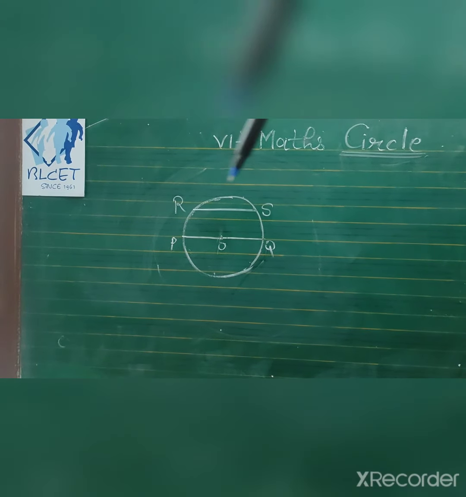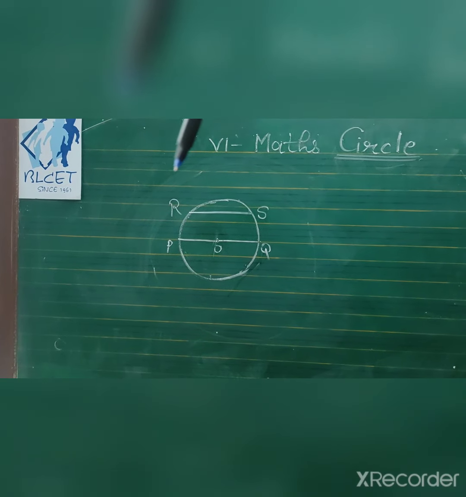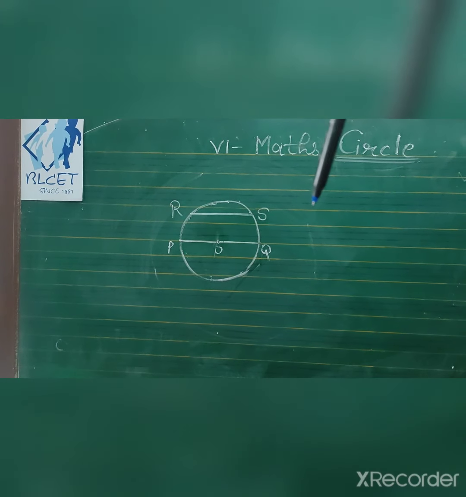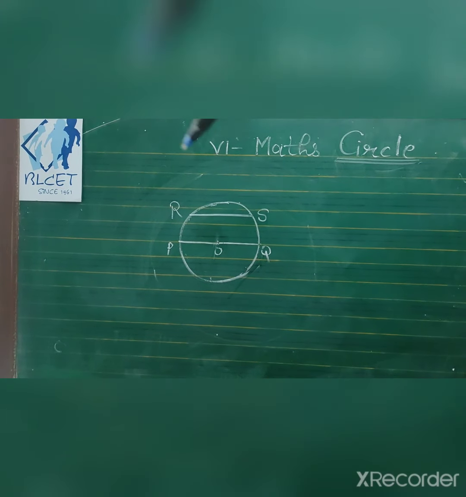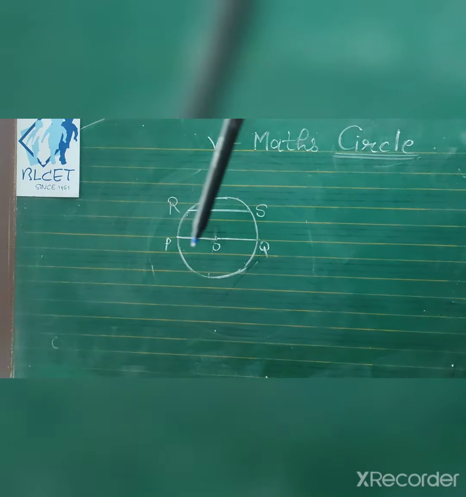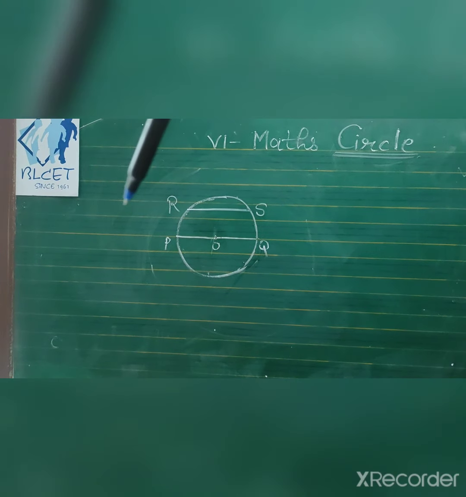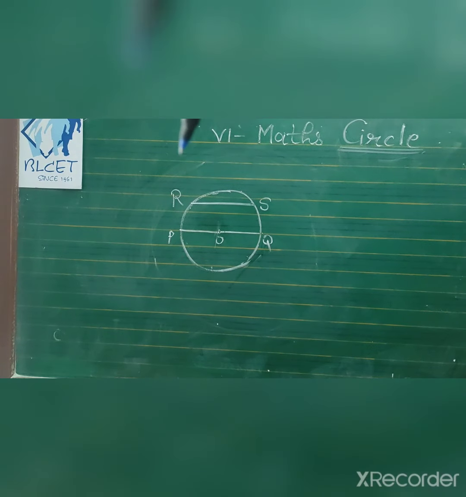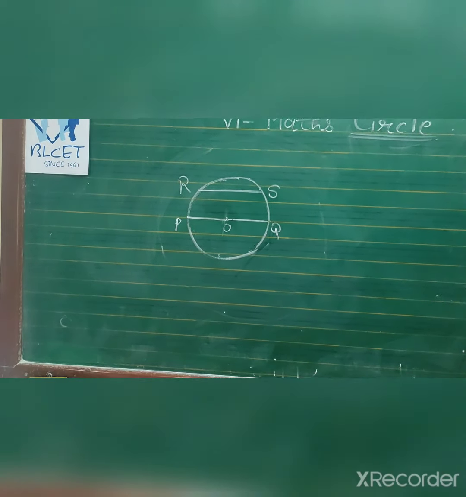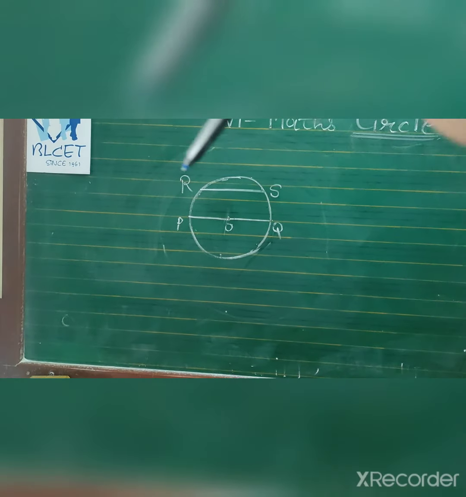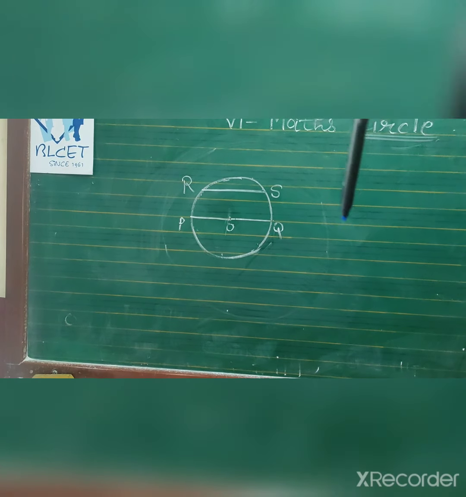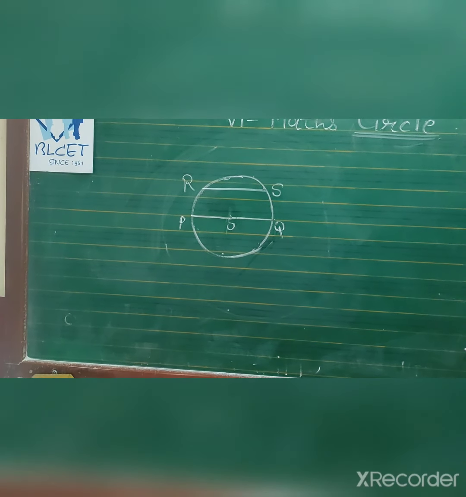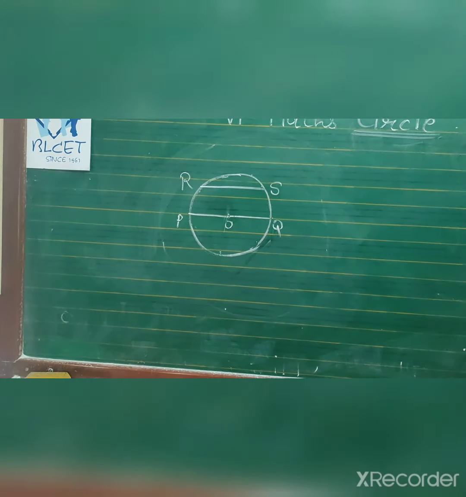Now this line segment RS, you can see it is not passing through the center of the circle, but its endpoints are touching the circle, so it is called a chord. There are many chords, but if a chord passes through the center of the circle, we give it the special name diameter. And the diameter is just double the radius. Two radii make one diameter, and the radius is just half of the diameter.